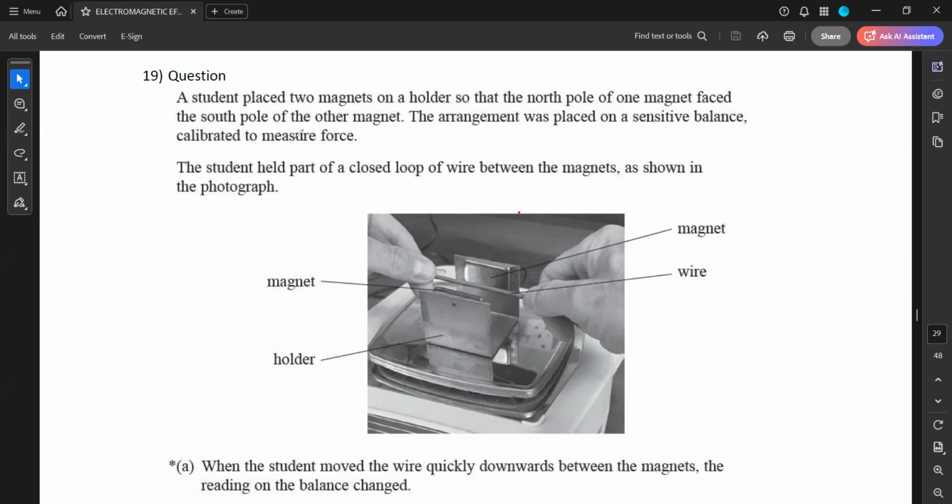So there is no supply here. As you can see, there is no supply, but the reading on the balance changes. Why does the reading on the balance change?